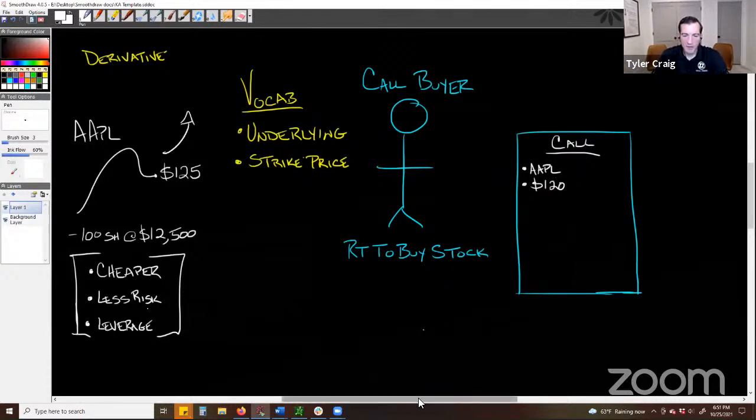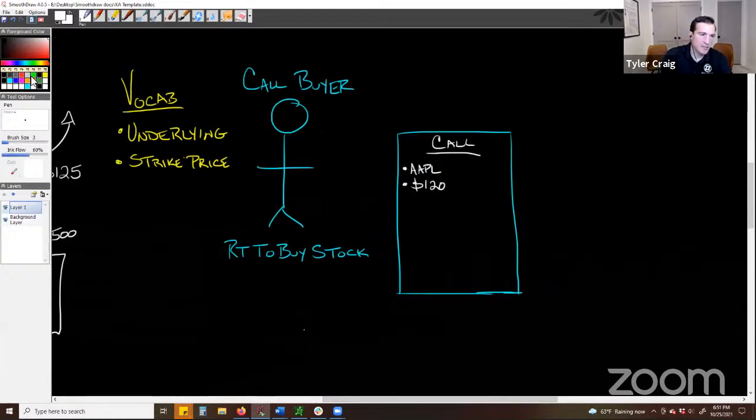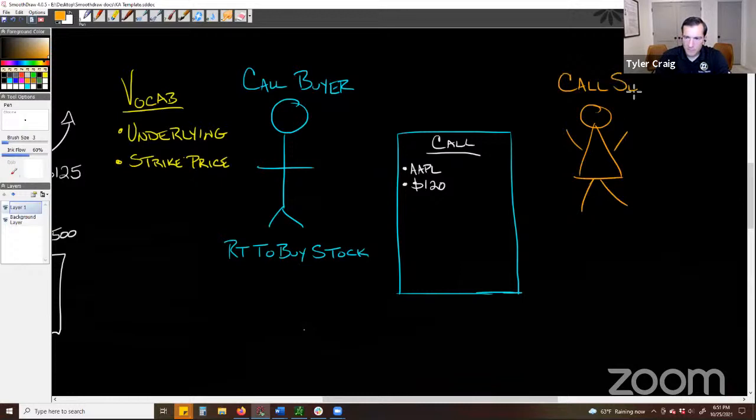As with any agreement, there's somebody on the other side of this trade. That's the call seller. And we'll give the female some representation. I'm really good at drawing females, as you can tell. This is the call seller. If I have the right to buy stock, the call seller has the obligation to sell the stock to me.